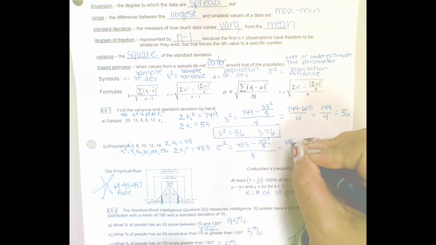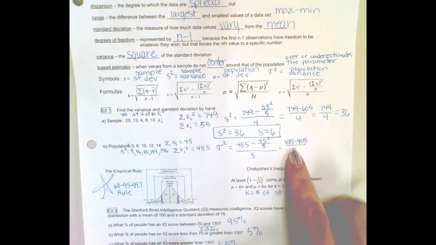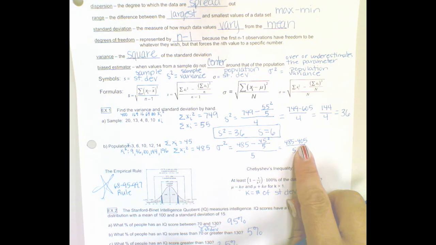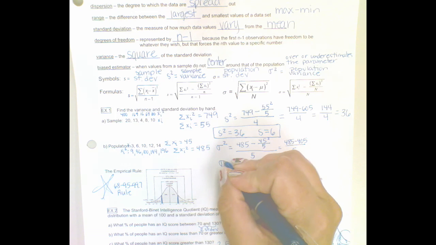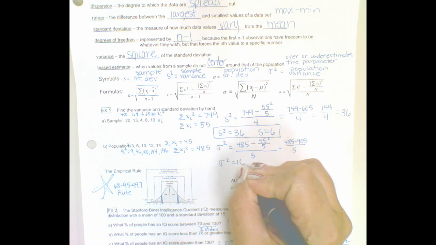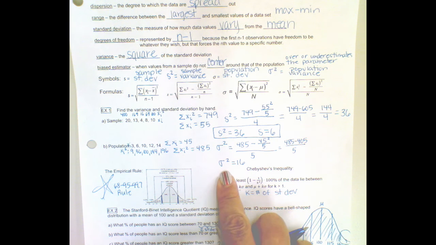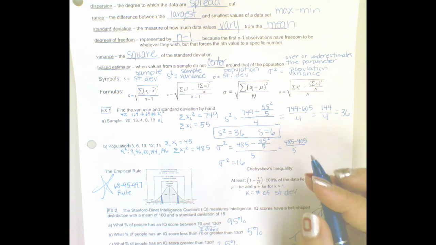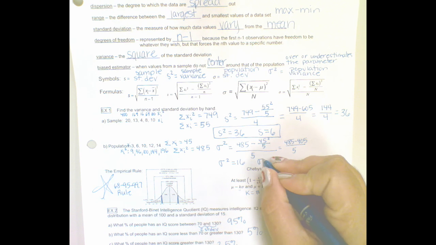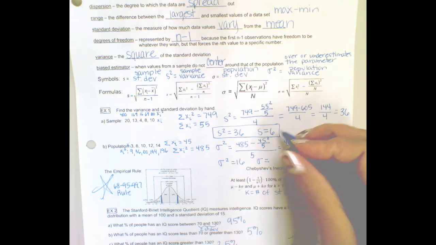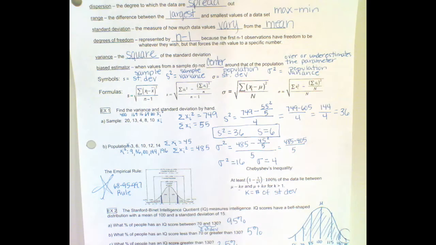So I've got 485 minus 405 divided by 5. 485 minus 405 is 80. 80 divided by 5 gives me 16. So the population variance is 16. I know that the square root of the variance is the standard deviation. So that gives me 4.